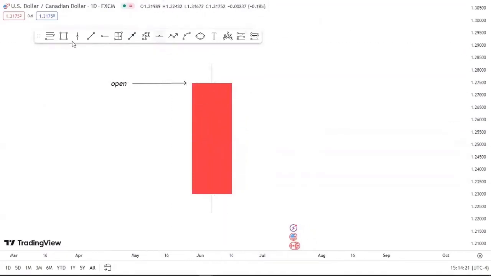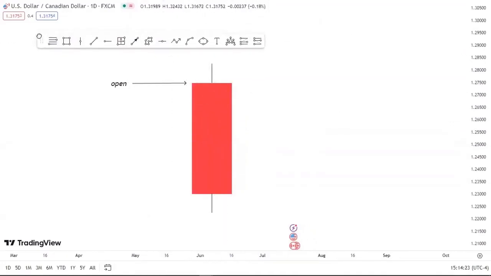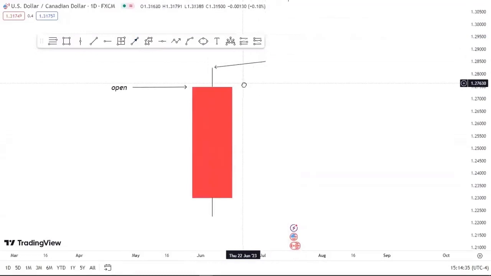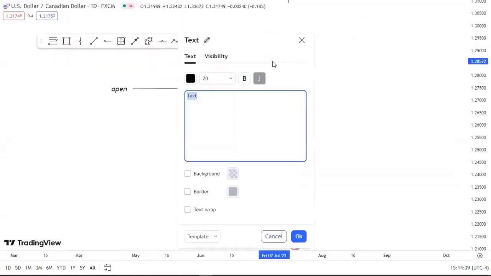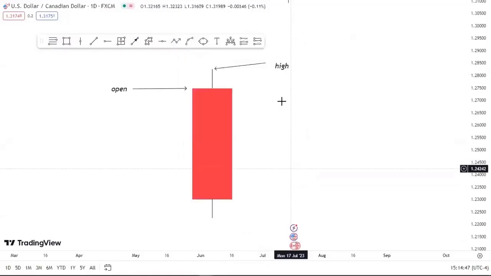Now, in most cases, when a bearish candlestick opens, it doesn't go down first. It goes up first to form a high. The high is the highest price. So if you are looking at a candlestick on a 1 hour time frame, within that 1 hour that the candlestick was formed, that high was the highest price the market went to.